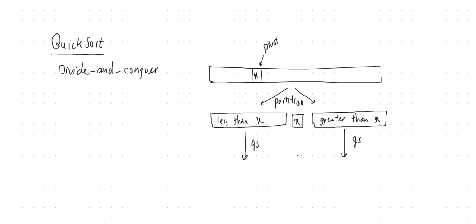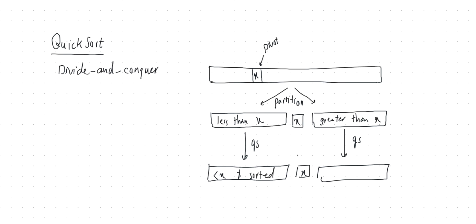So I get the same elements but now sorted, x, and then the same elements as here but now sorted: less than x and sorted, and here everything greater than x, now sorted.